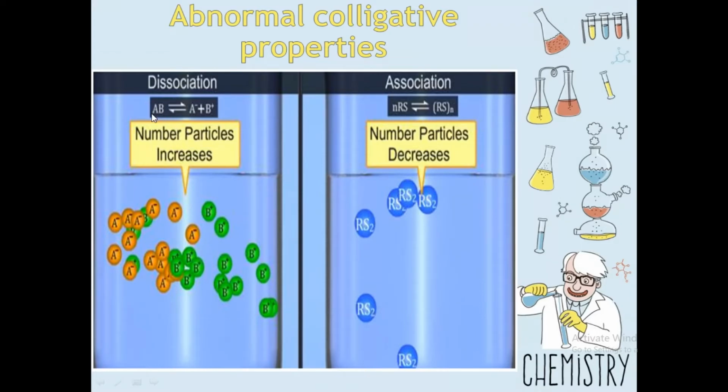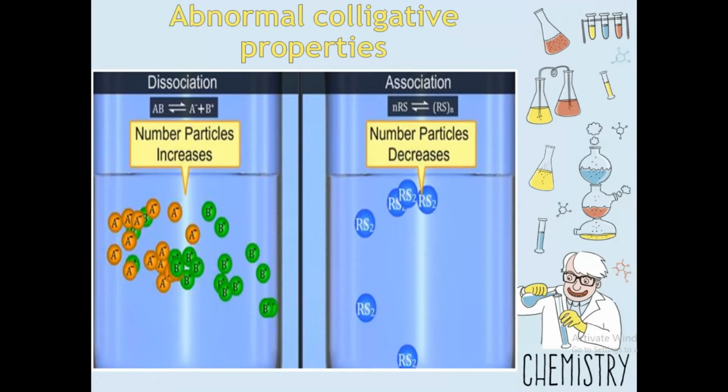Means if AB dissociates in the solution, it will give A minus and B plus. Hence, the number of solute particles increases. So, this gives the higher experimental value of colligative properties.